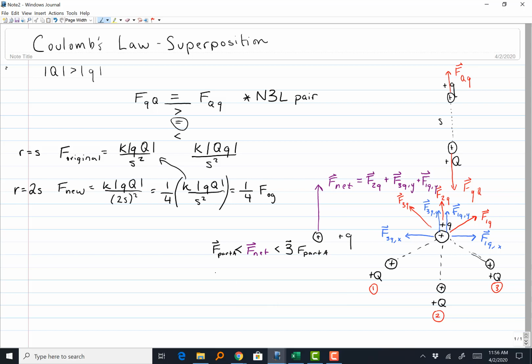Or more generally, the net force will increase when these two other charges are added.